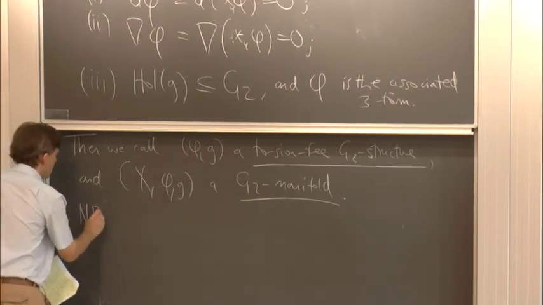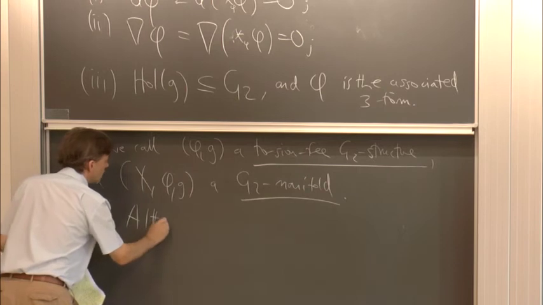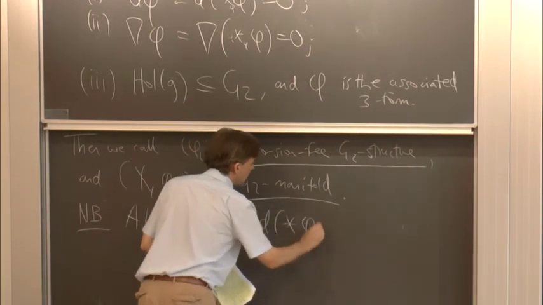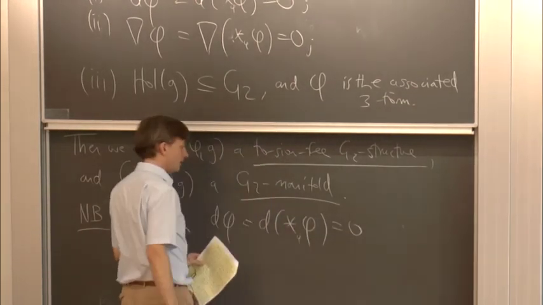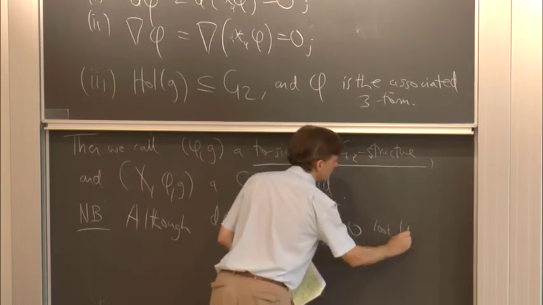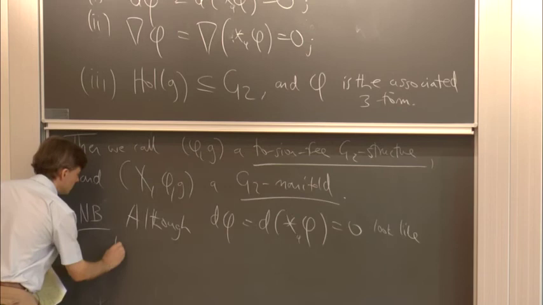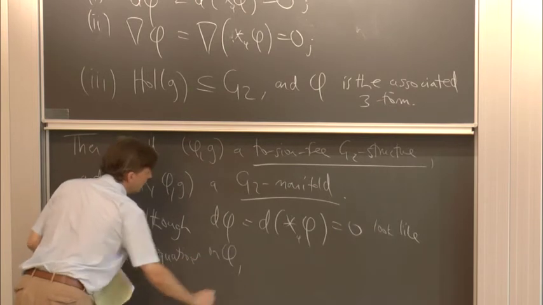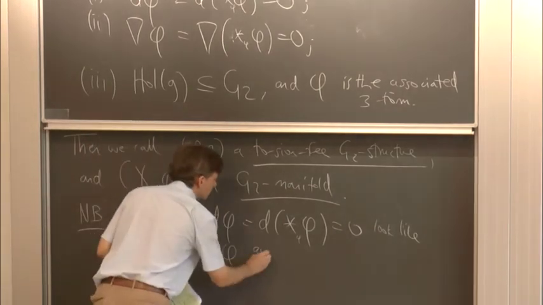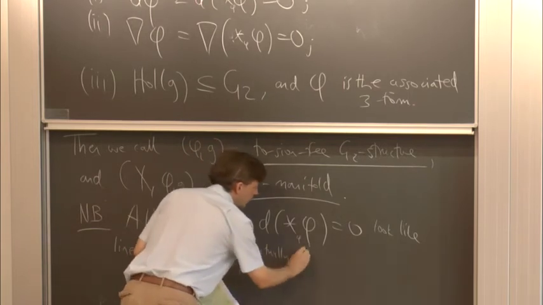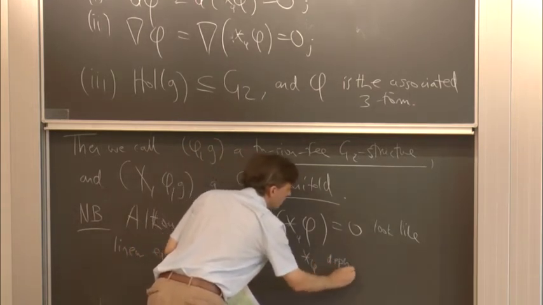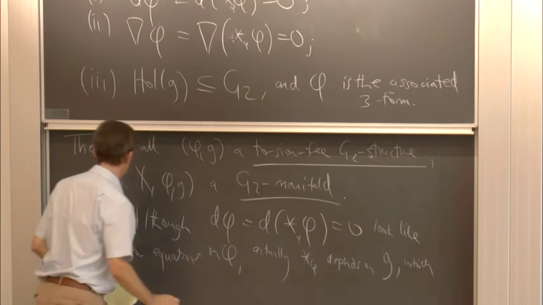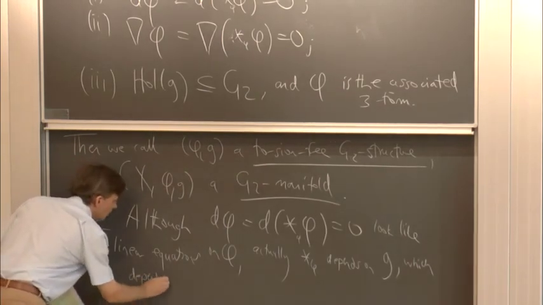And you should note that although d phi = 0 and d of star phi = 0 look like linear equations on our data phi, actually this operator star depends on g, which depends on phi.